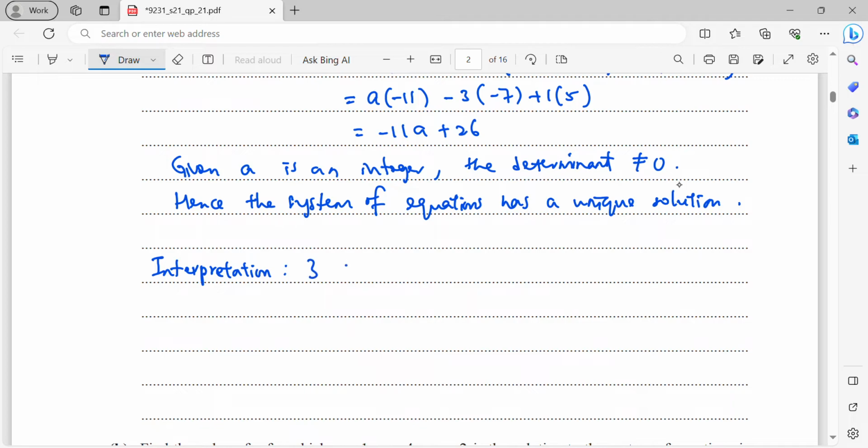So you can say 3 planes intersect at a single point. Because it has a unique solution, it means that you will be able to get the exact values for x, y, and z. So that's the last part of this question.